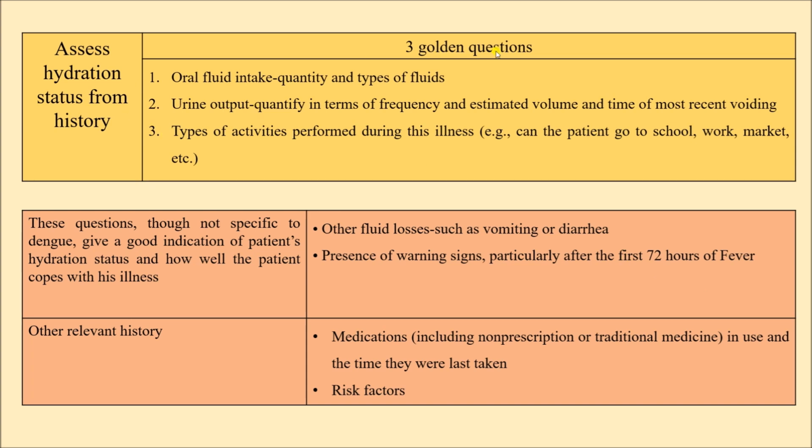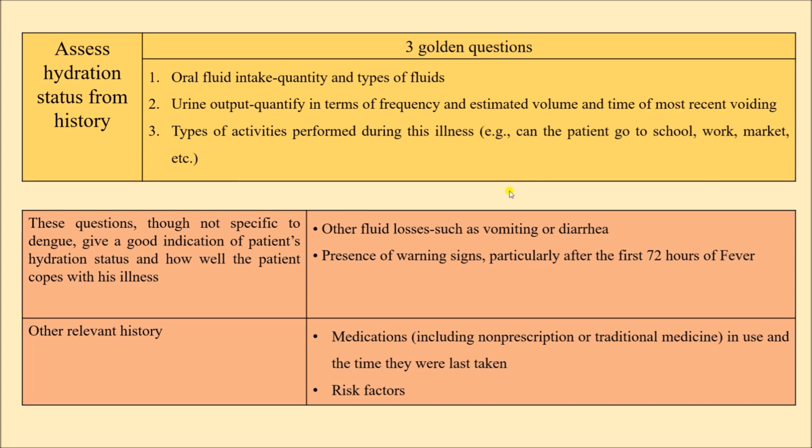There are 3 golden questions which are to be asked to assess the hydration status from the history. So we need to ask the oral fluid intake, quantity and types of fluid. So how much fluid he is taking and what kinds of fluid he is taking. The urine output, quantity in terms of frequency and estimated volume, and time of most recent voiding.